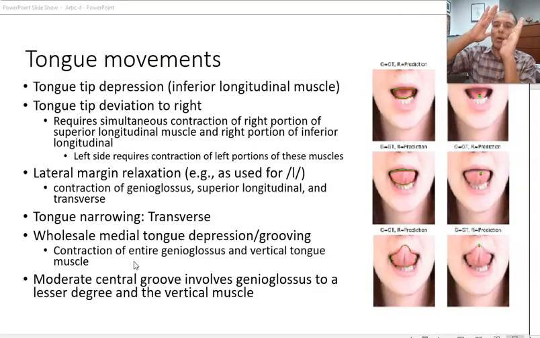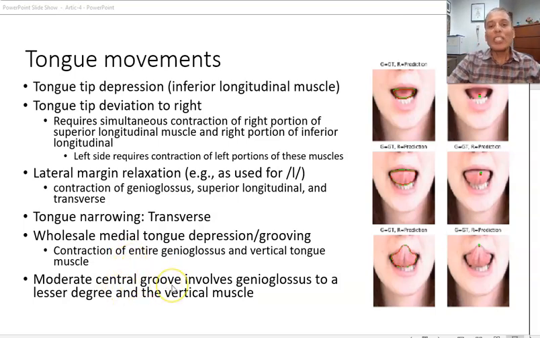Vertical is the one that makes the tongue thinner. When you contract it, it makes the tongue thinner, flatter and spread out. So that contributes to depressing the tongue and to grooving it. But again, different portions of the genioglossus are needed for different functions. For this movement, the entire genioglossus is involved in bringing the tongue down.